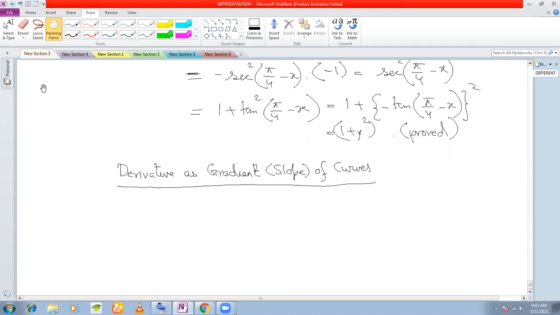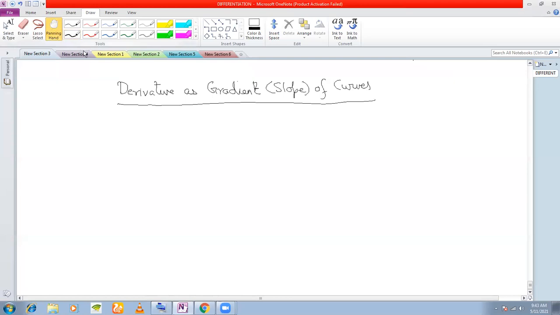Now, what do you mean by slope of curves at particular points? Slope of tangent to the curves.